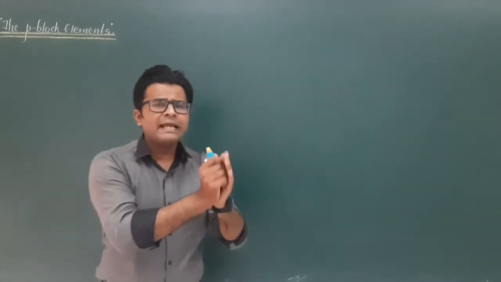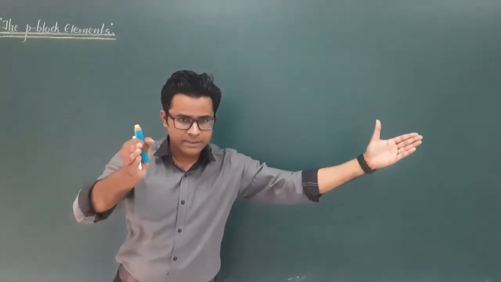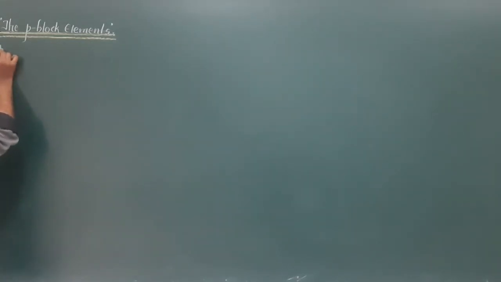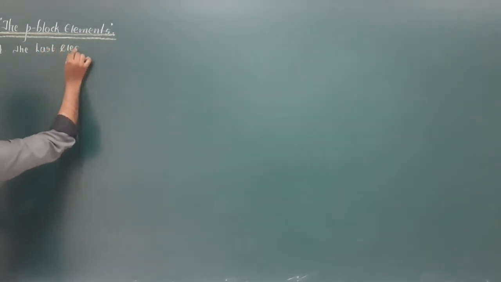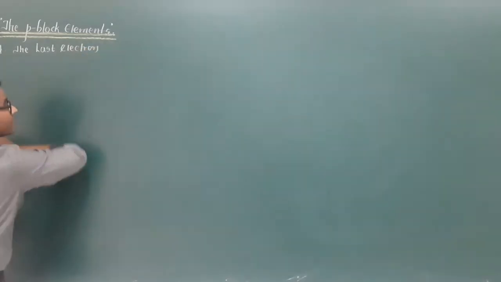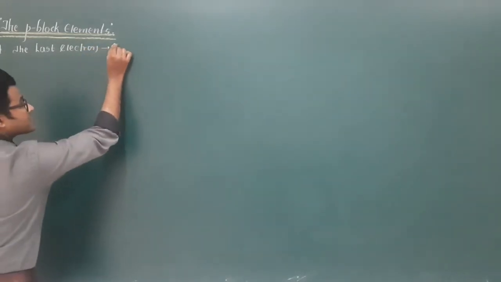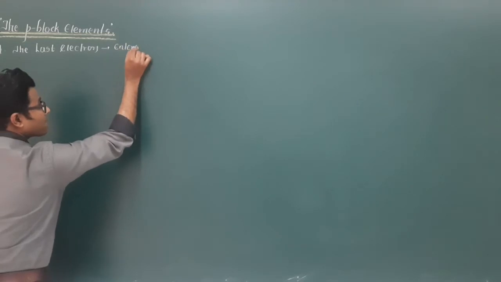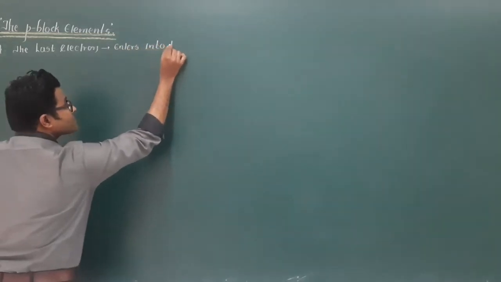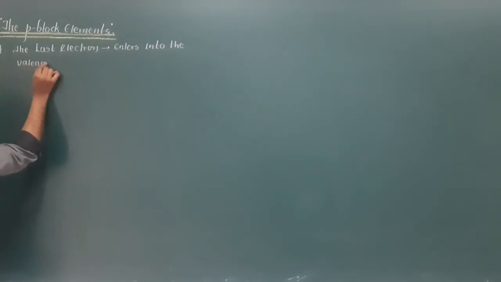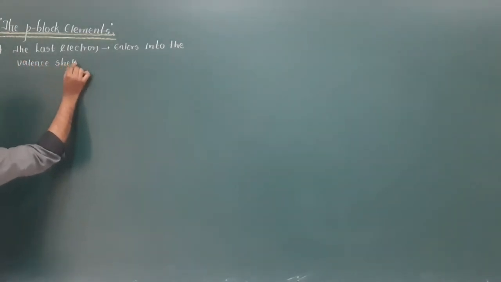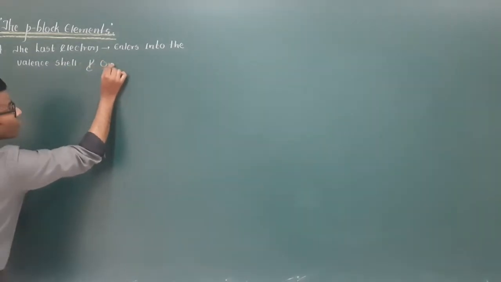When we take a look at these particular elements, what we observe is that in the p block elements, the last electron, or what we call the valence electron, enters into the valence shell p orbital.